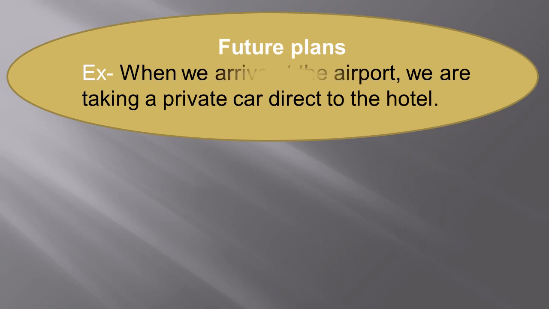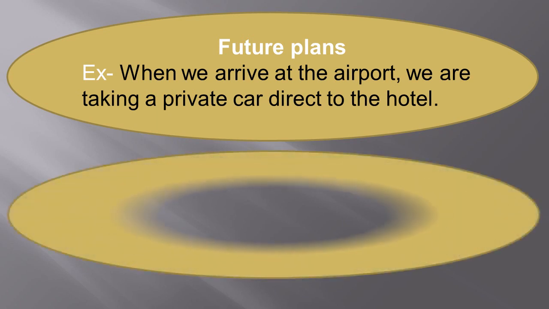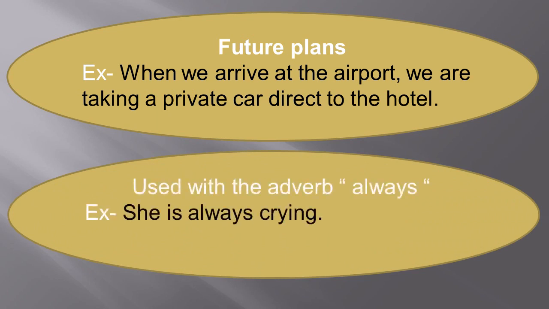Next use of present continuous tense is to talk about future plans. Example, when we arrive at the airport, we are taking a private car direct to the hotel. So to talk about future plans, what we are going to do at that particular moment in the future. Another use is with the adverb always.